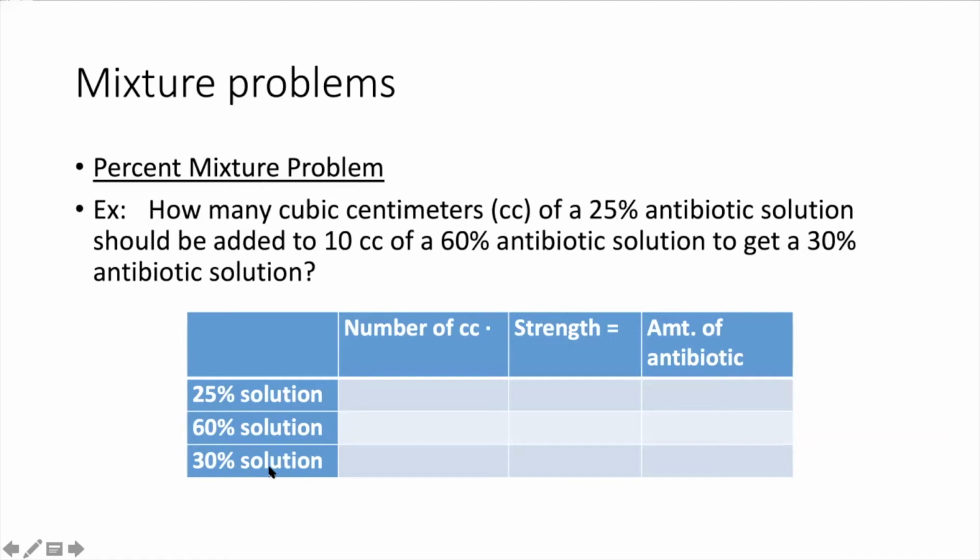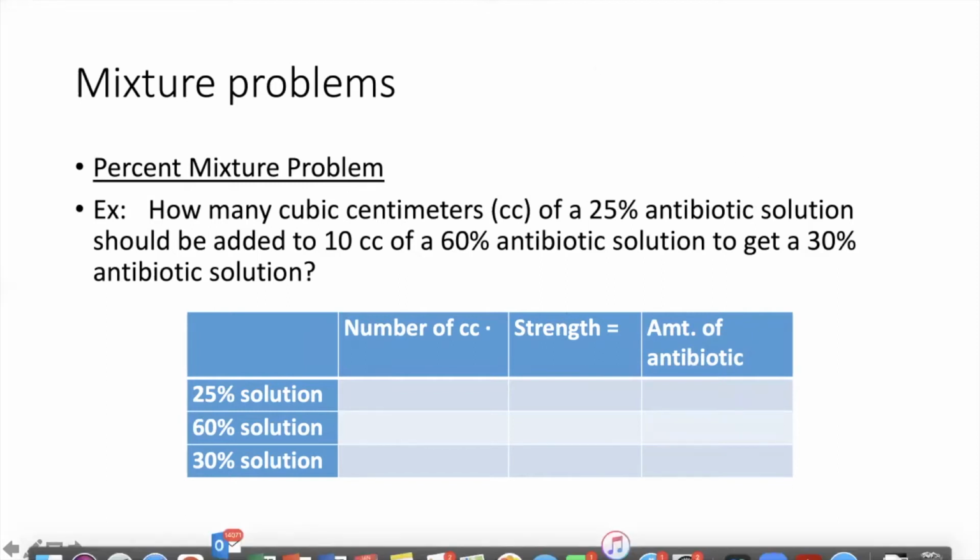And then the columns are labeled with the amount of each solution times the strength, which in a percent mixture problem is given by the percentage. And that is going to give you the amount of pure whatever, in this case, antibiotic. Okay, so I'm going to switch over to the tablet, and I think you'll have a better understanding of what we're doing once I fill in one of these rows.